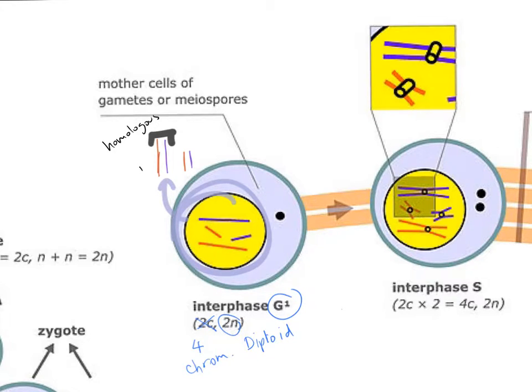This is homologous pair 1, this is homologous pair 2. Let's say you got your orange from your dad and purple from your mom. That's what homologous means.